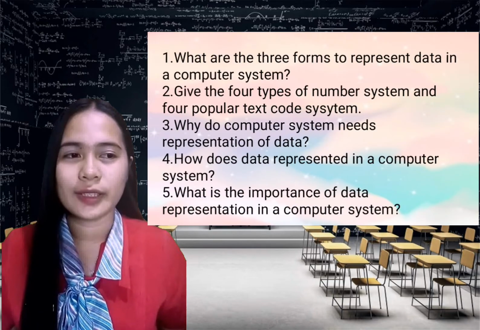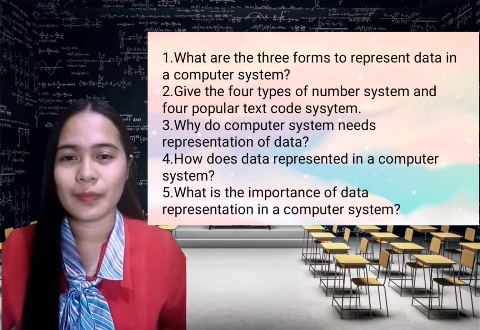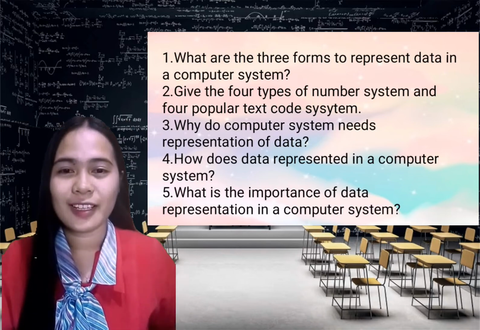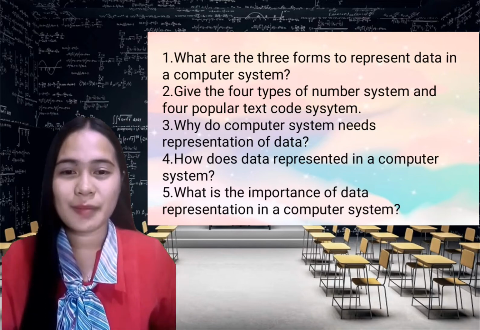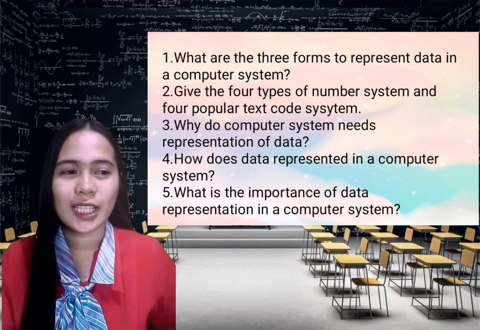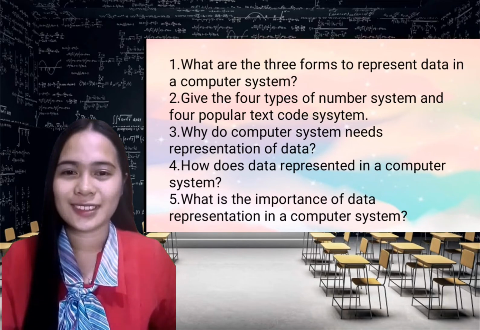Number 1. What are the three forms to represent data in a computer system? Who can answer? Okay, so the three forms are number system, bits and bytes, and text code. Number 2 question. Give the 4 types of number system and 4 popular text code systems. Who can answer? Okay.